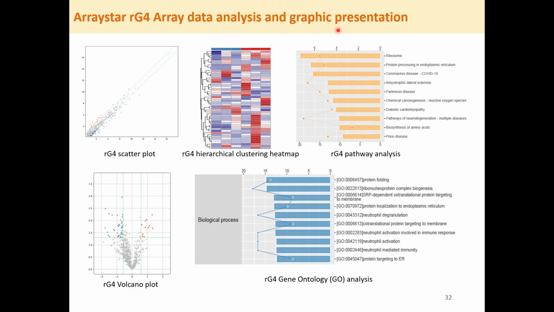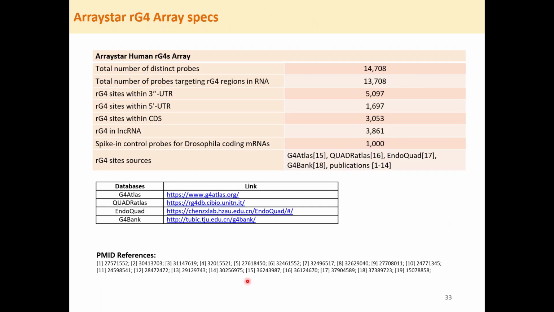Graphical analyses and visualization, such as scatterplot, volcano plot, hierarchical clustering heat map, pathway analysis, gene ontology analysis are provided to gain the insight into rG4 biology. On human rG4 array, close to 14,000 rG4s are probed. These rG4s are comprehensively collected from rG4 databases and scientific publications.